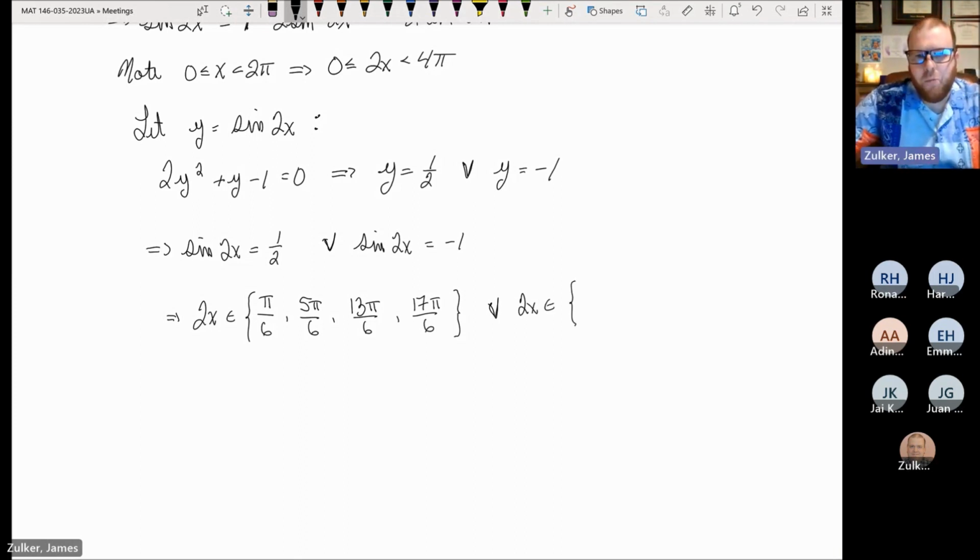Now, where is sine equal to -1? That's 3 pi over 2. Then we have to add 2 pi.